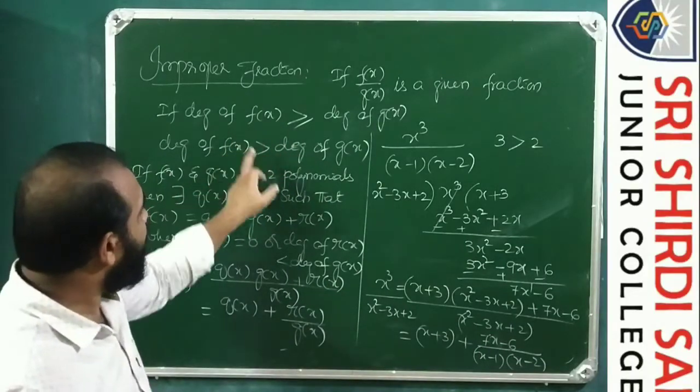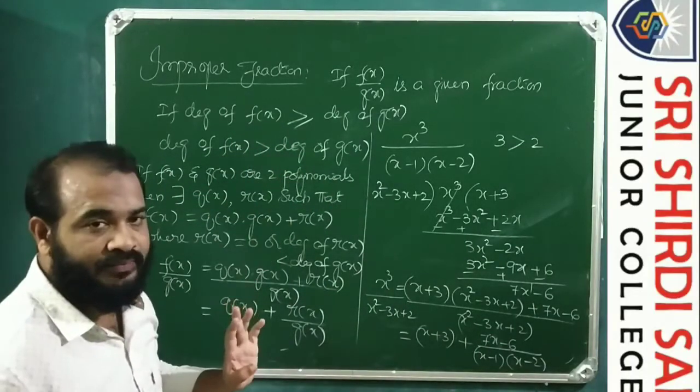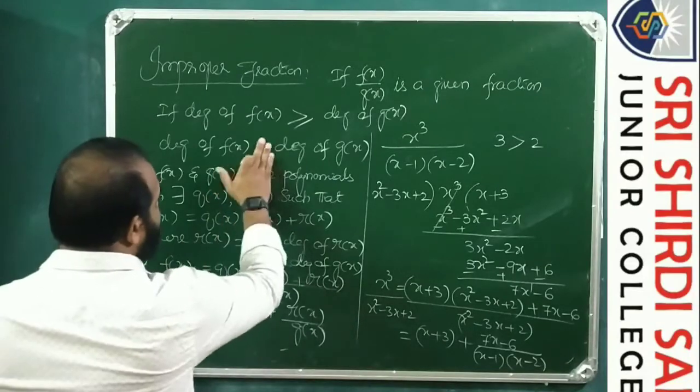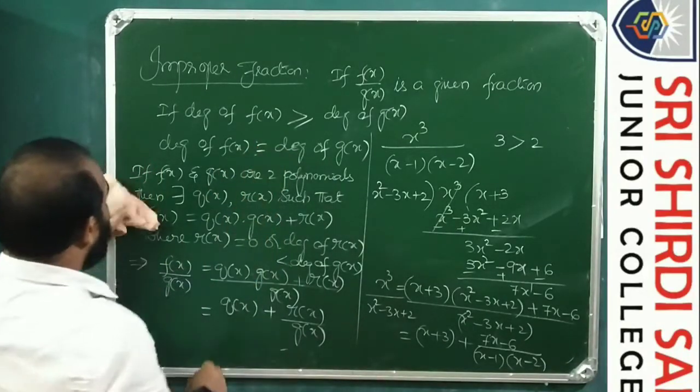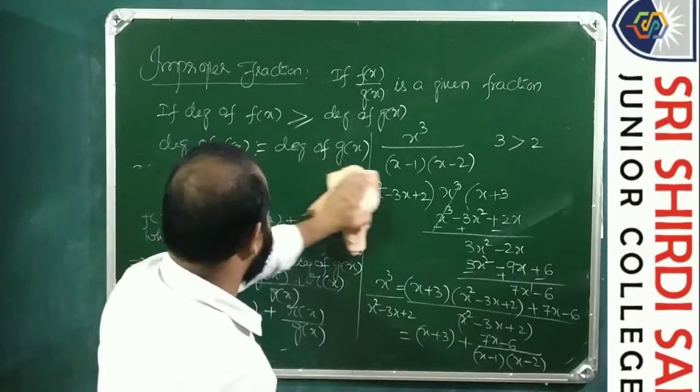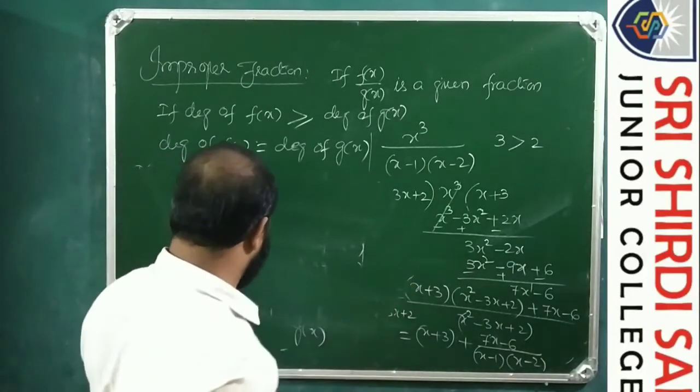So this is the first case: the degree of f of x is greater than the degree of g of x. And the next one is the degree of f of x is equal to the degree of g of x. So how do we do this?